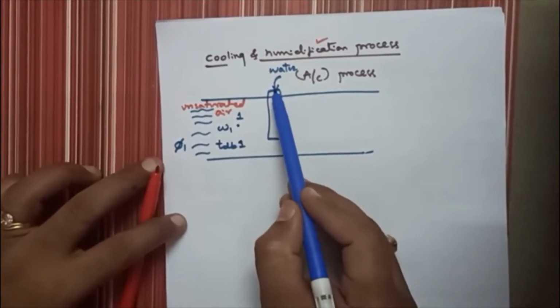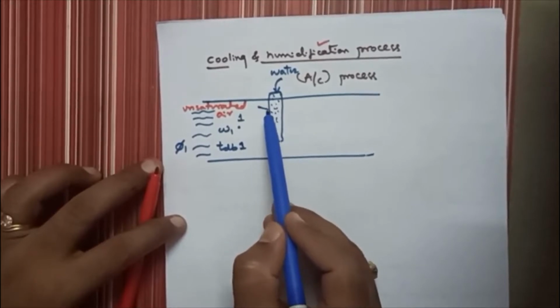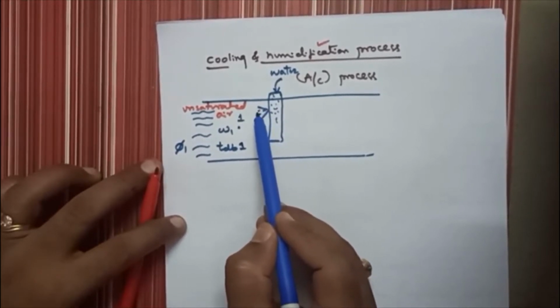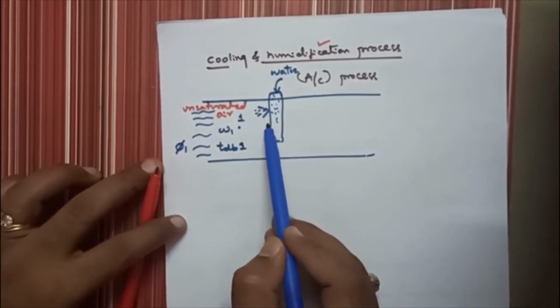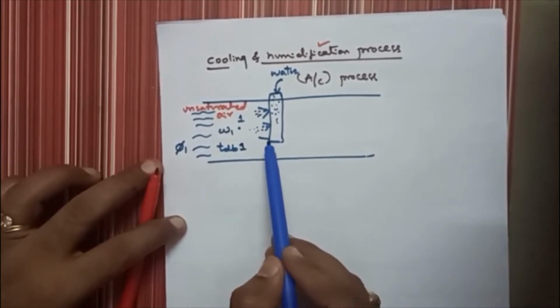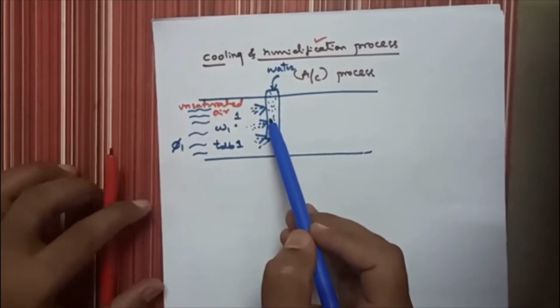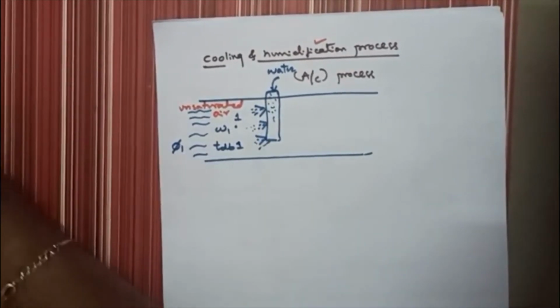When water passes through the humidifier, I will inject these water droplets and mix them with air. Here it's mixing, and these water droplets mix with air.